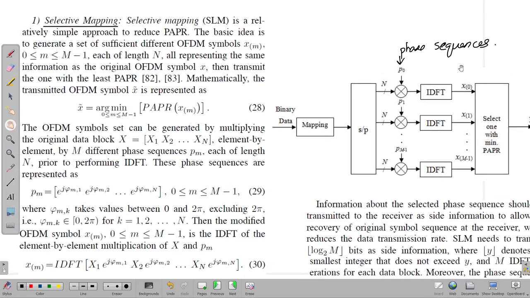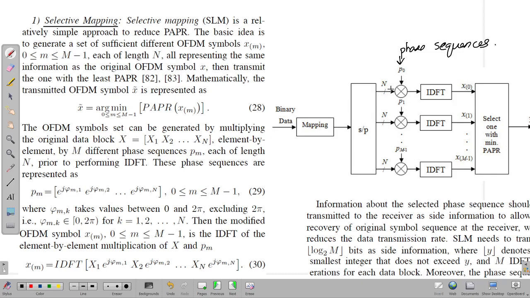Its magnitude is unity, but it has a phase factor, an angle factor. So you can see here P_m has the phase terms e raised to j phi m,1, e raised to j phi m,2, and it goes up to e raised to j phi m,N.